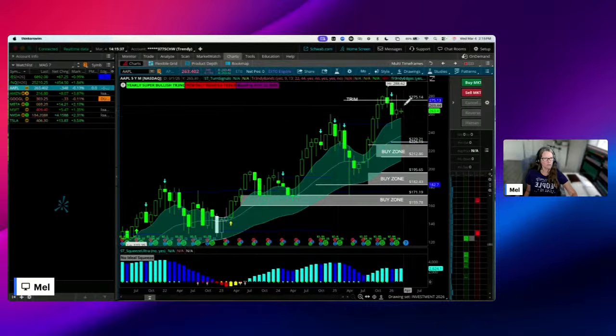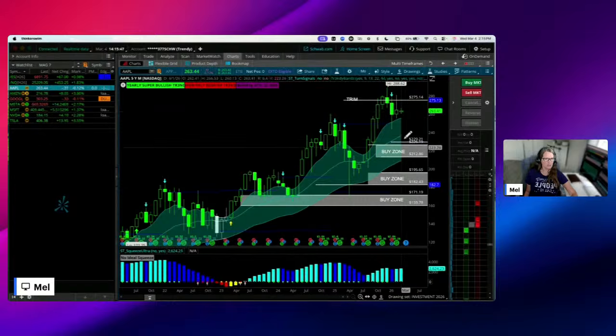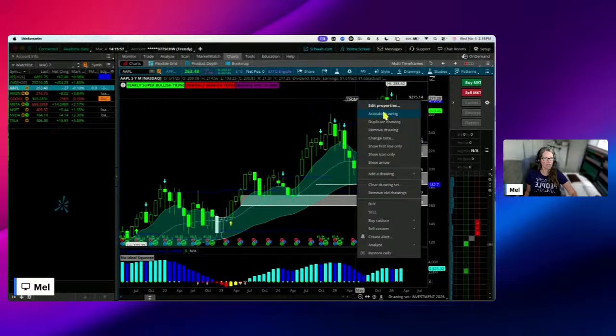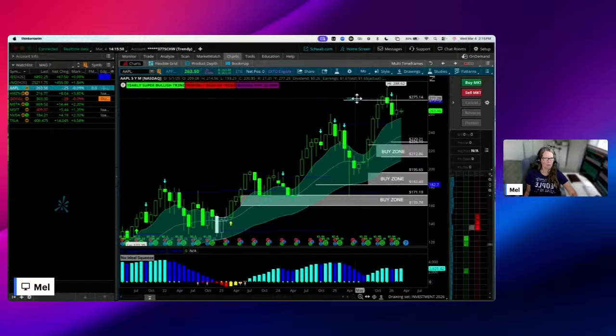And of course, when I'm buying these dips, I can also use options to play the downside. I can use options to play the upside from these buy zones. There's a lot of ways that I can make some money on the way up and the way down using these zones for longer term trades.